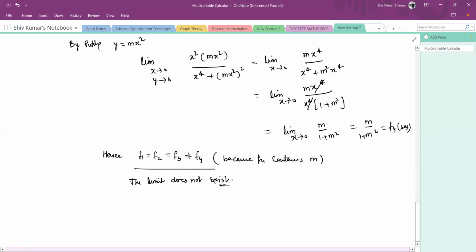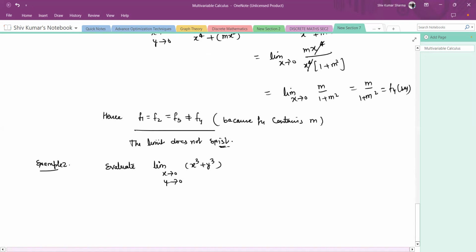Okay. So next example, you can understand. So again, we take one example. This is example number 2. Here we take a different example: evaluate limit x tends to 0, y tends to 0, x cube plus y cube.